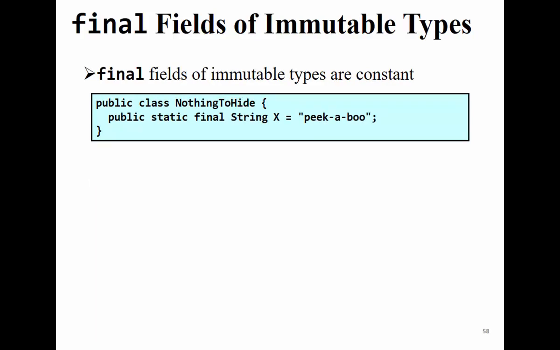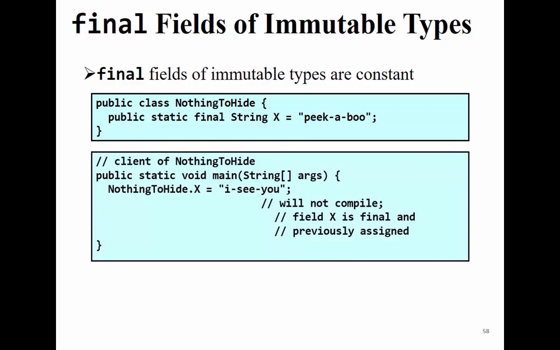Now, final is good for immutable types. In this case, we have final String x, and we assign a value for it. And this will not compile because x is final.